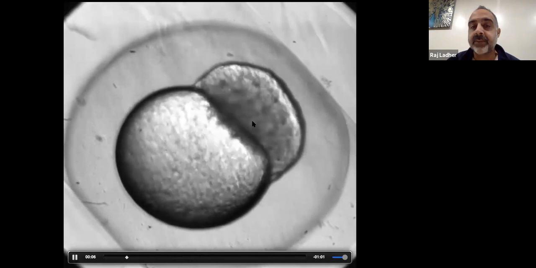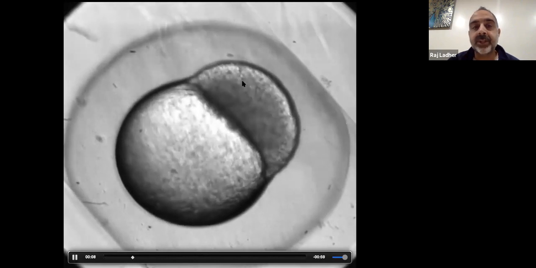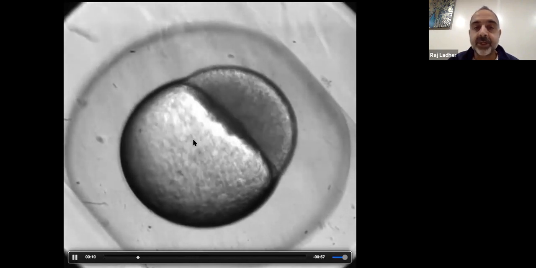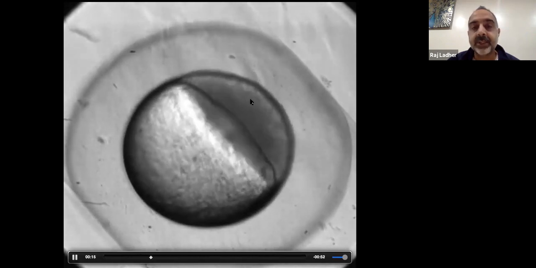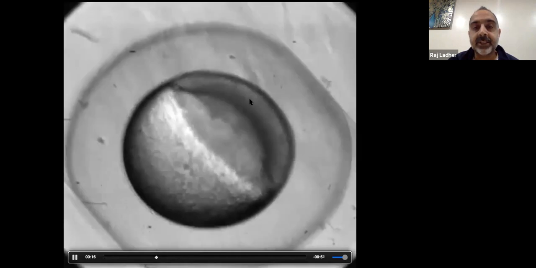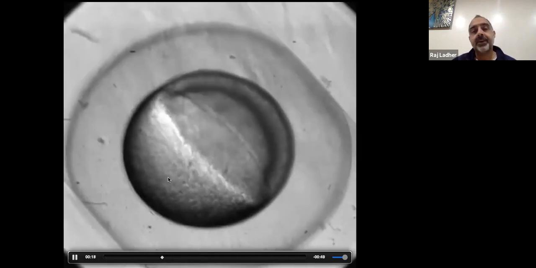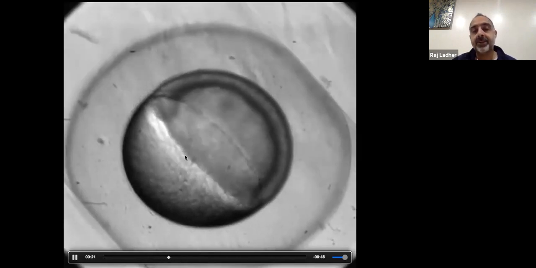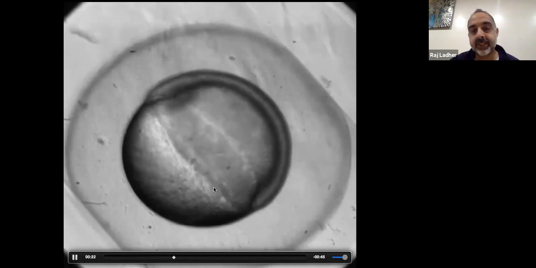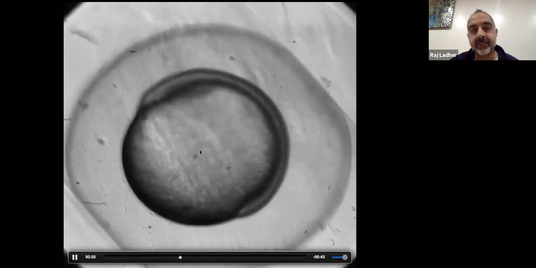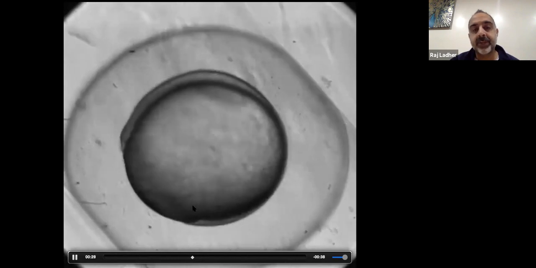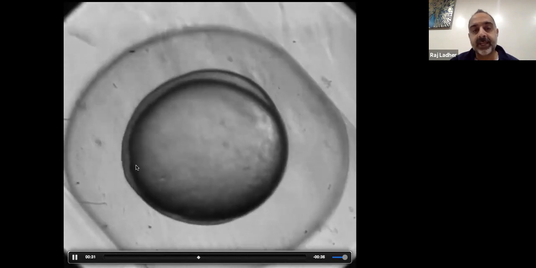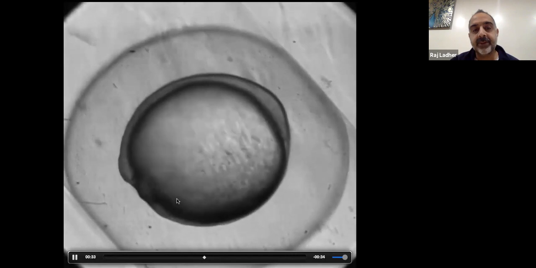And so what's essentially going on is this yolk has a hat of embryonic cells, and then the embryonic cells cover this yolky part here like this. And what we're seeing here is gastrulation taking place.